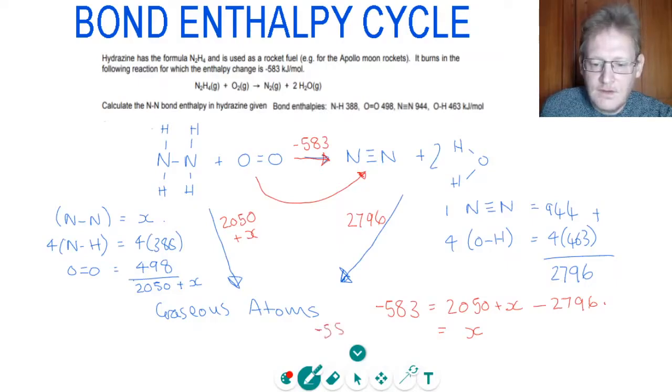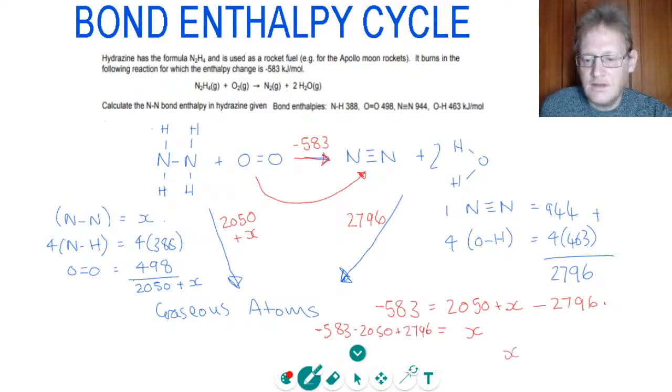minus 583, minus 2,050, and plus 2,796, and therefore X, and therefore our nitrogen bond in hydrazine, which is used as rocket fuel, minus 583, minus 2,050, and add 2,796 is plus 163 kilojoules per mole.